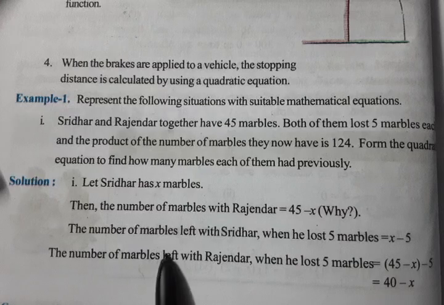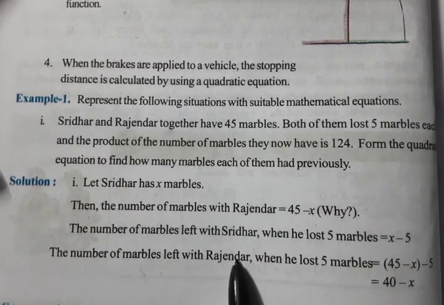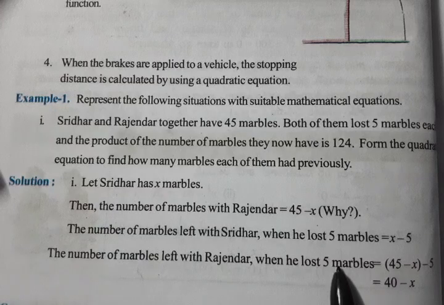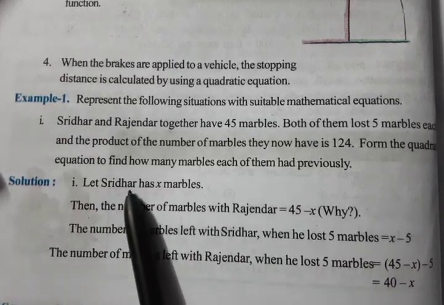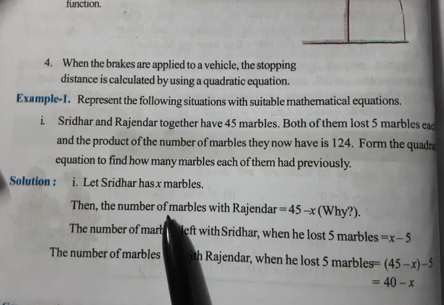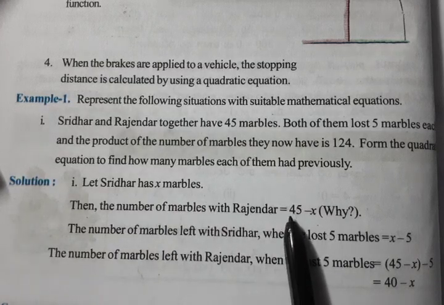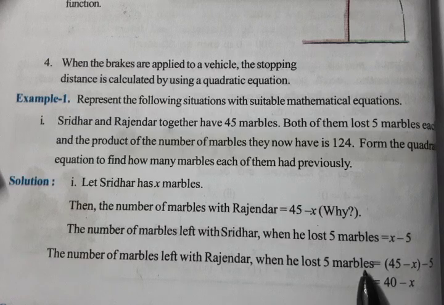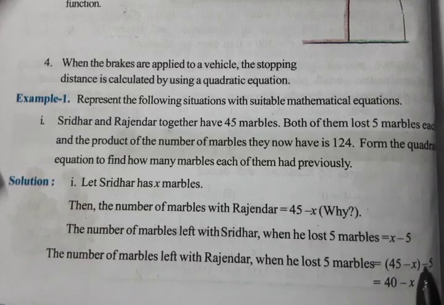The number of marbles left with Rajendra when he lost 5 marbles: Sridhar has x marbles, Rajendra has 45 minus x. That means he lost 5, so 45 minus x minus 5, that means 40 minus x.